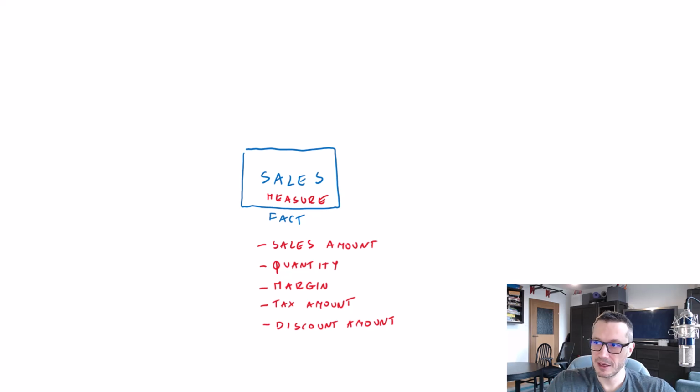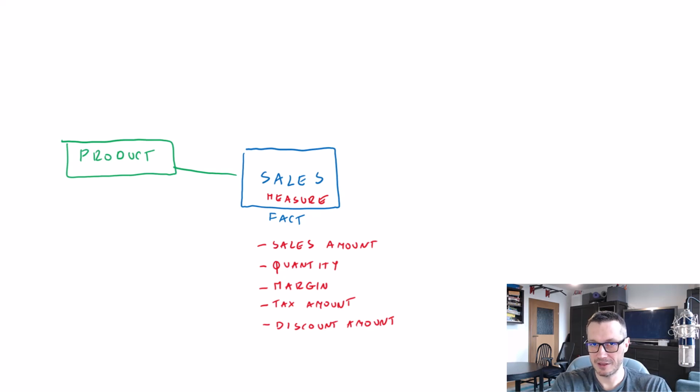So in the case of sales, we might have something like this. Let's say we've got a product dimension that says, all right, this was the product that was sold, associated with the given sale. To make this connection between our dimension, the green one, and our fact, the blue one, we would have to store some kind of identifier inside our fact table that points to a specific product.